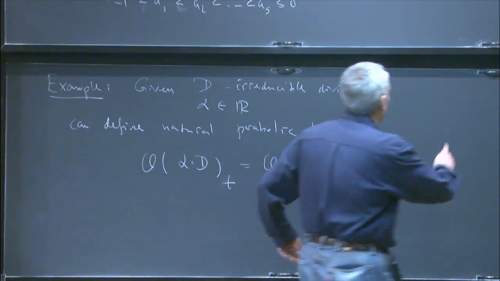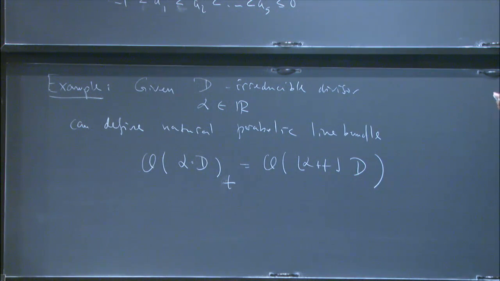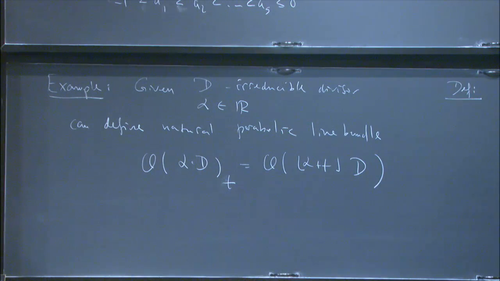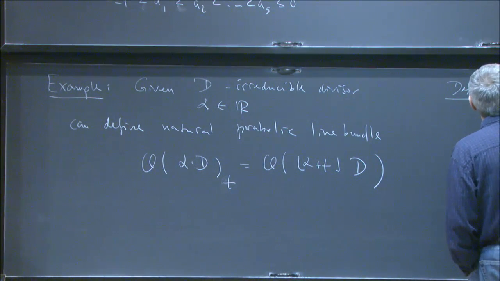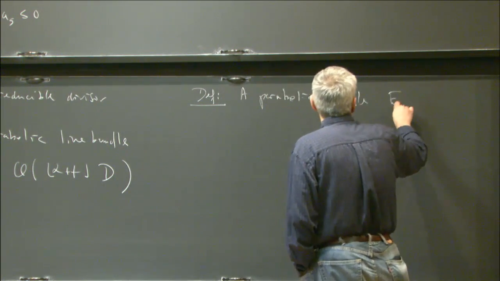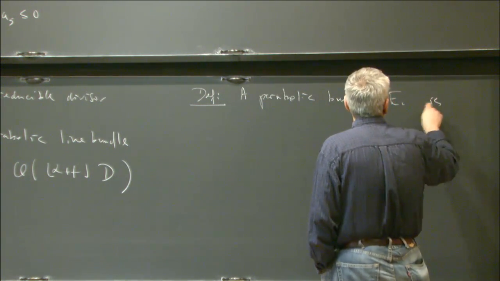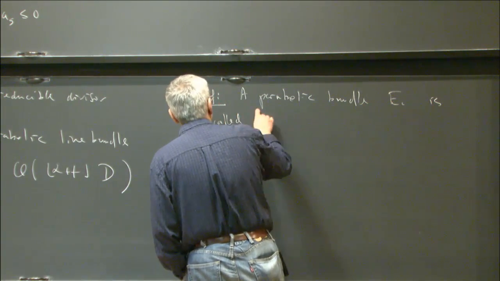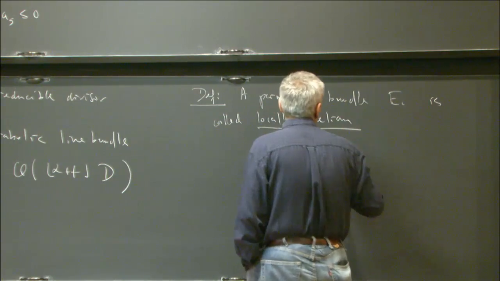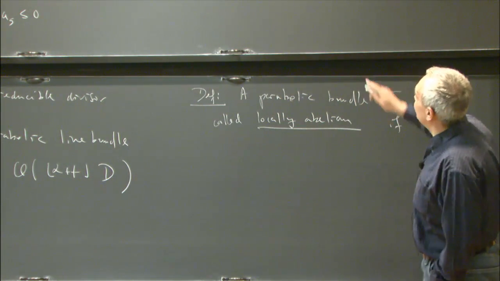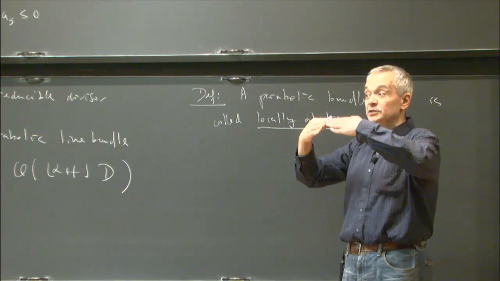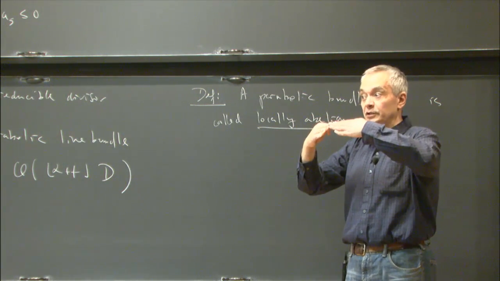And I actually need this; I somehow swept that under the carpet last time, but let me just give this definition and stress this out. A parabolic vector bundle is called locally abelian if for these filtrations that you get on the divisor for the different components, the order in which you take the associated graded doesn't matter.